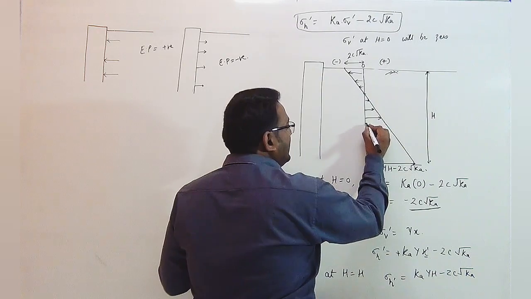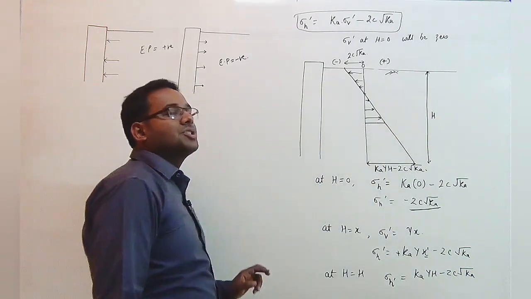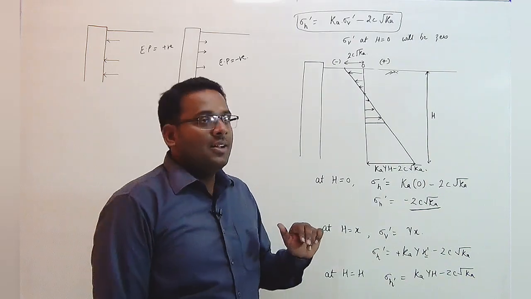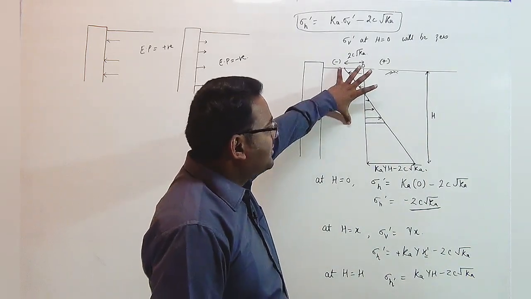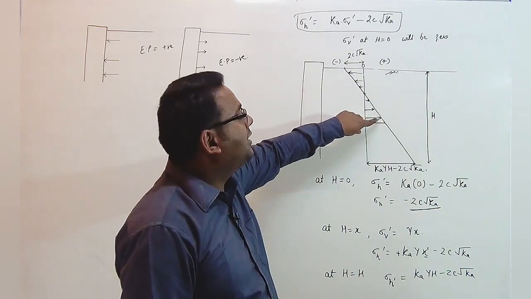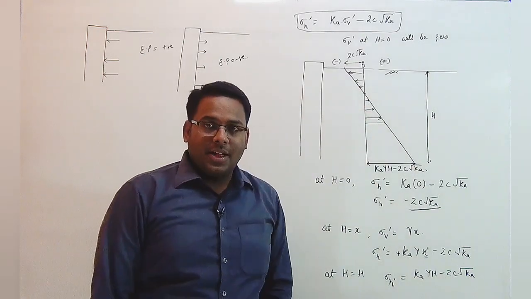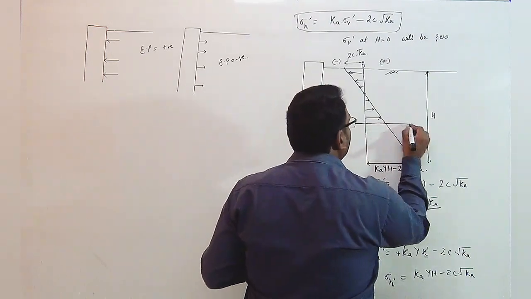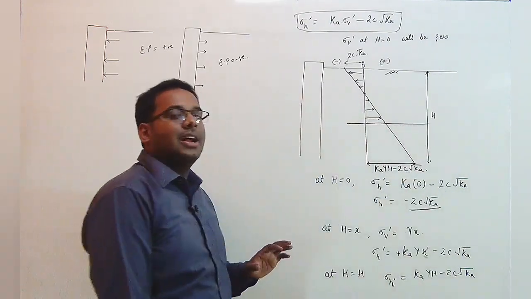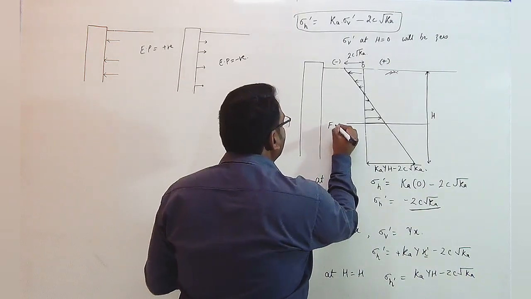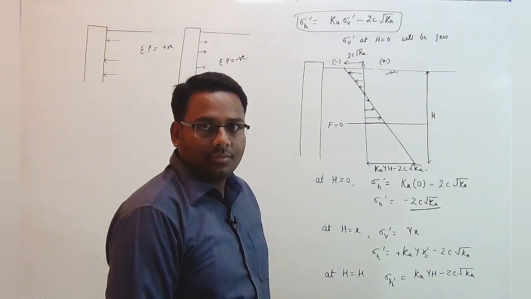But as these negative and positive pressures are acting on the same soil, till a depth of this, the negative force and positive force will balance each other, and there will be a depth where both the negative and positive forces get balanced. At that depth, the net force will be equal to 0.